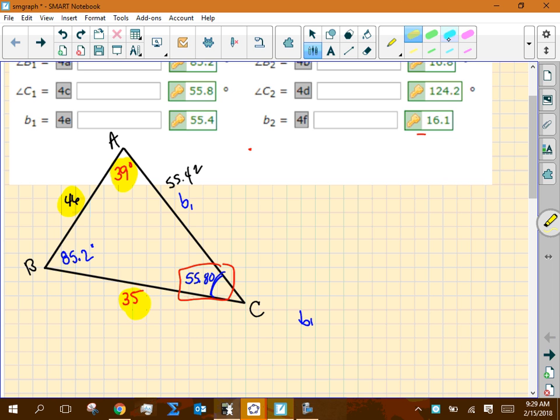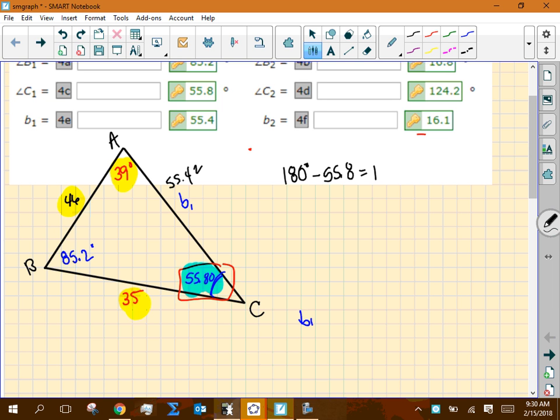We found this measurement through the first iteration of law of sines. We have to ask ourselves now, is there a second angle that could be used there? So the way we do that is we always take its supplement, 180 minus 55.8.